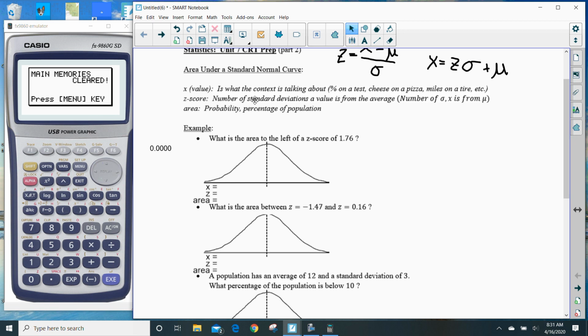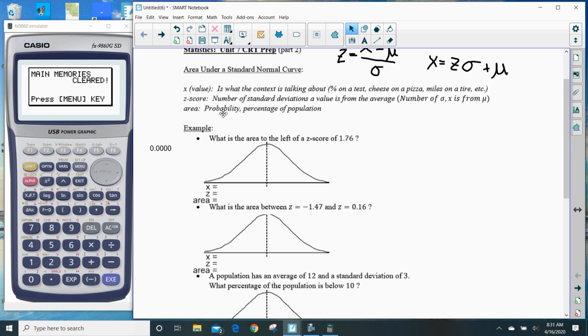Second is the z-score, the number of standard deviations a value is from the average. We talked about that in the last lesson. How far is this x away from mu, in terms of standard deviations? Is it one standard deviation away, 1.5 standard deviations away? So it's not actual numbers, but a number of standard deviations.